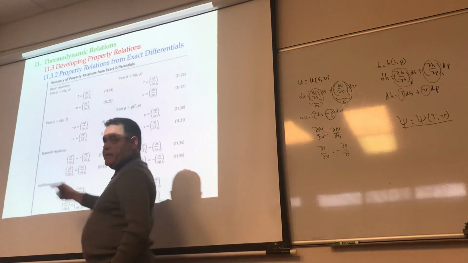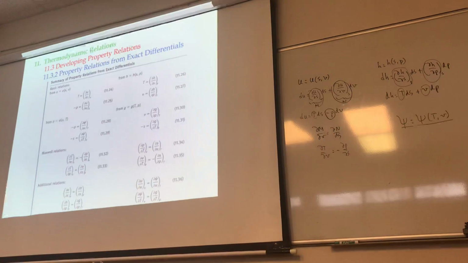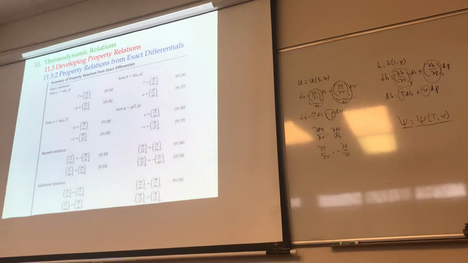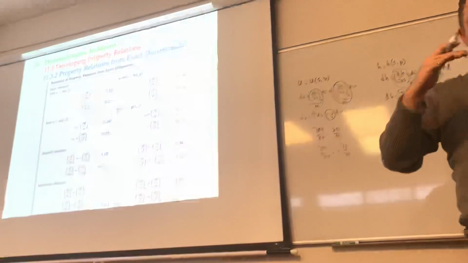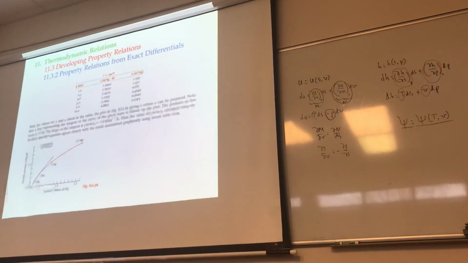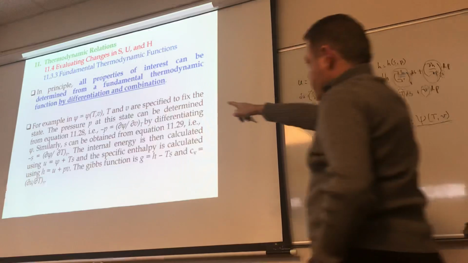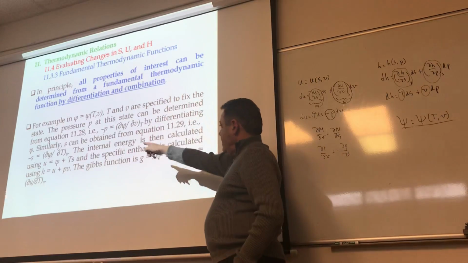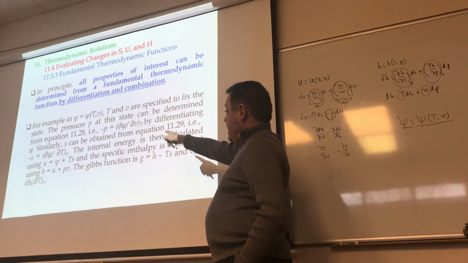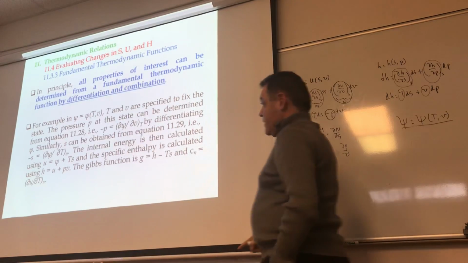I can get entropy, just based on S equals minus d psi over dT at constant V. You see how you're increasing your knowledge of the state gradually? So we calculated the pressure by differentiating psi. Similarly, S can be obtained from equation 29 by minus d psi over dT.